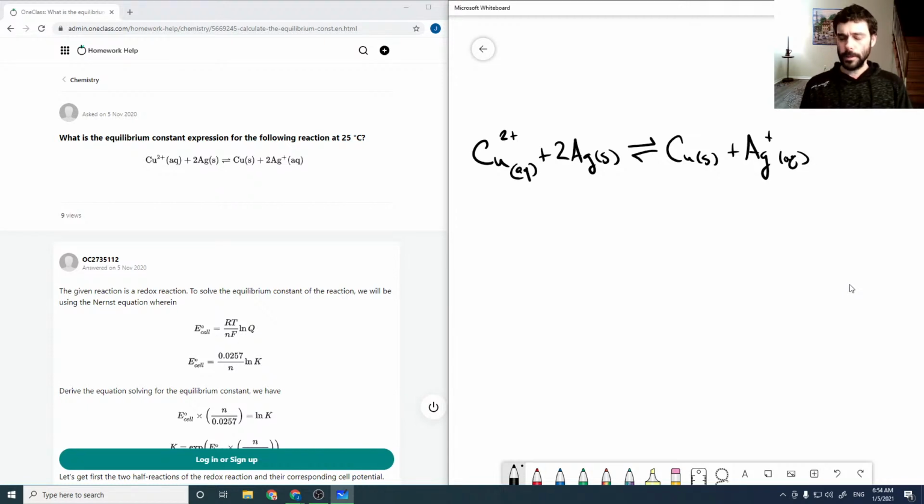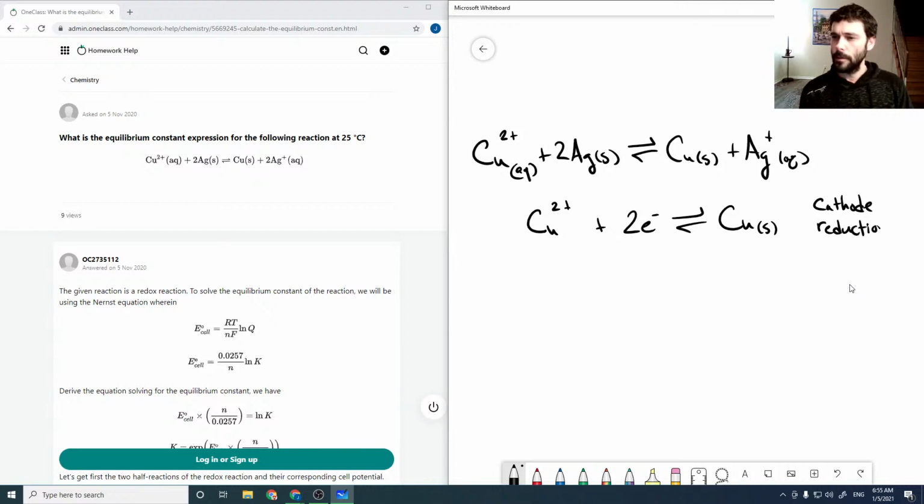Okay, so this is a redox reaction. So what we have shown here to split it into the 2 half reactions is copper 2 plus plus 2 electrons goes to copper solid. So this would be the cathode reaction, or the reduction.